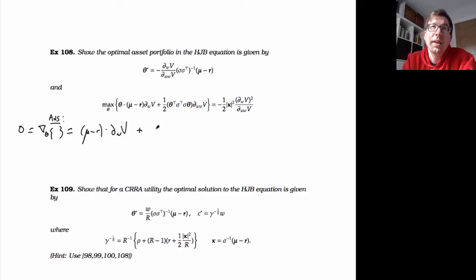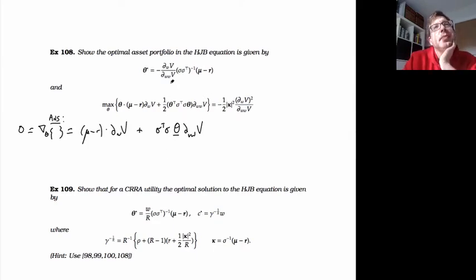Think of this like sigma squared: if I differentiate sigma squared divided by 2, I just get sigma. And then the second partial derivative of v. Then if I set this equal to 0, I can now solve for theta, and you can find that the form of theta that I get is exactly this.